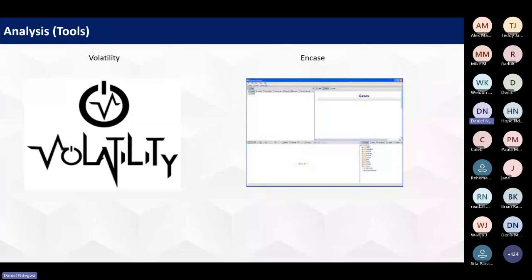Others include Volatility. Volatility, as I said, is used to record and pick data from the memory of a device before the device is shut down, so that you're able to collect active records and see what is happening on a device. And then lastly, we have Encase, which also allows you to conduct analysis.